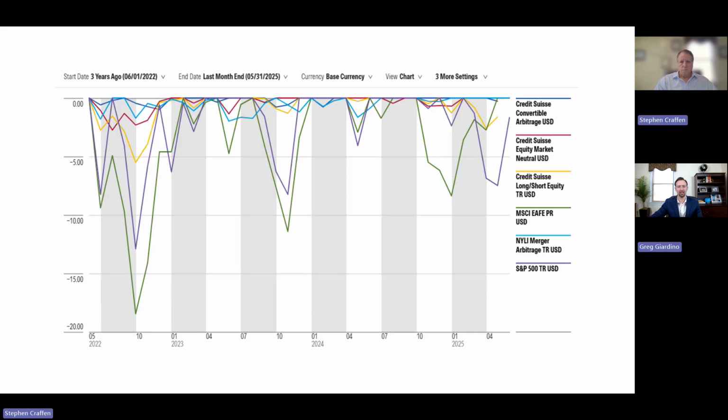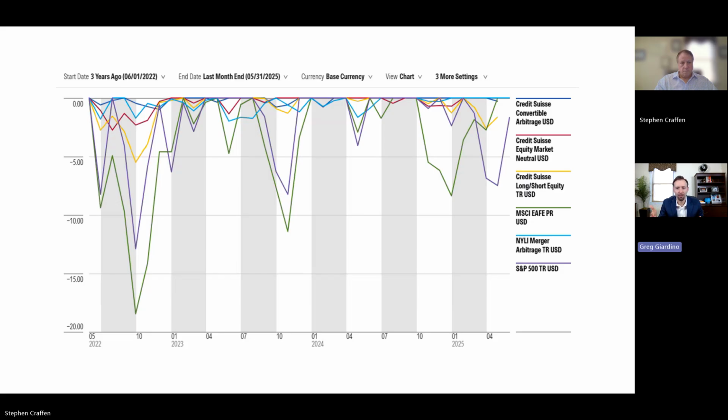Now, here's a chart that shows basically the downside risk going from 2022 to 2025. So looking at a drawdown period, and if you look at the y-axis here, we could see if it was a negative 5%, 10%, 15% return. You could see here that across the top, it's really hard to see, but convertible arbitrage really wasn't correlated according to the last correlation chart that we looked at.